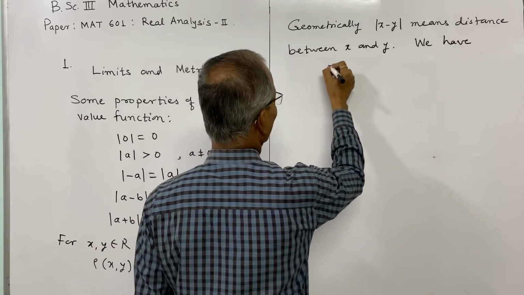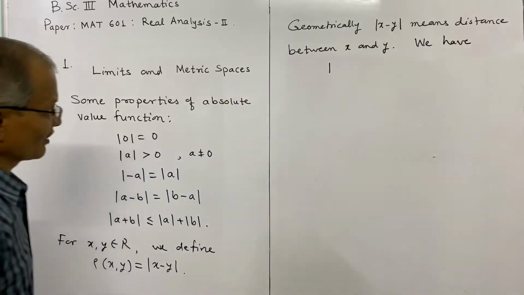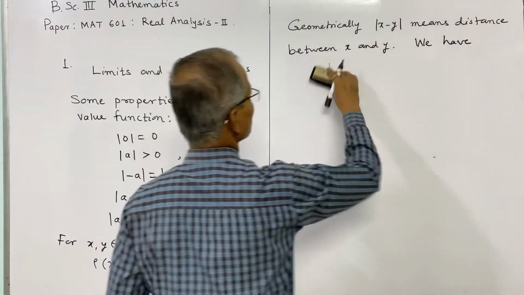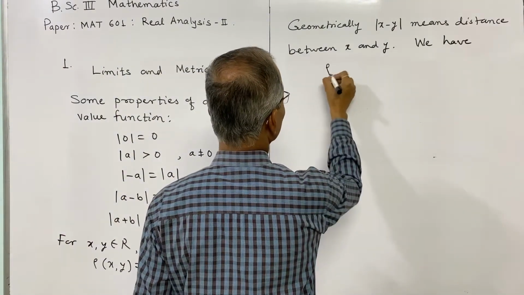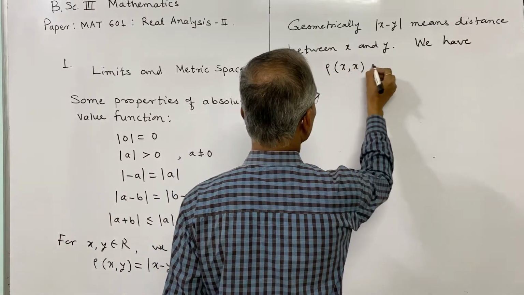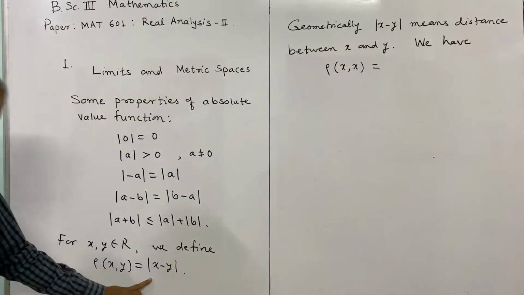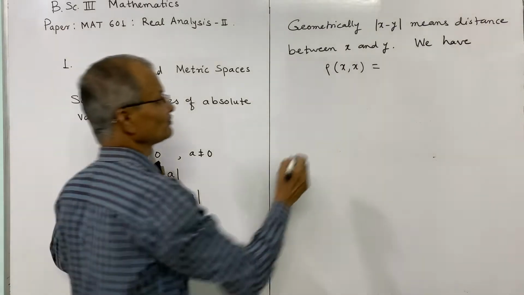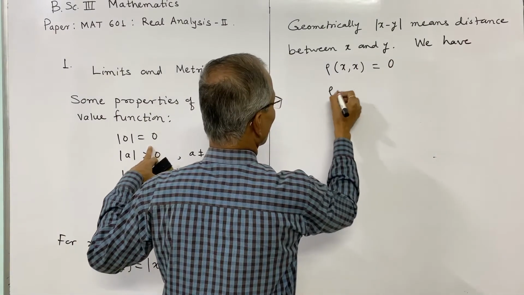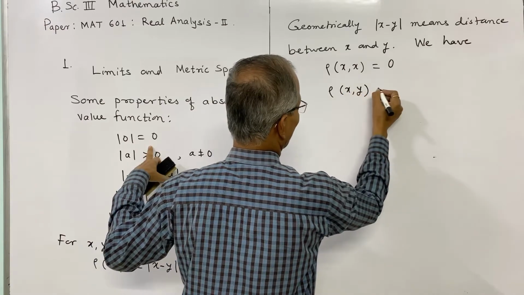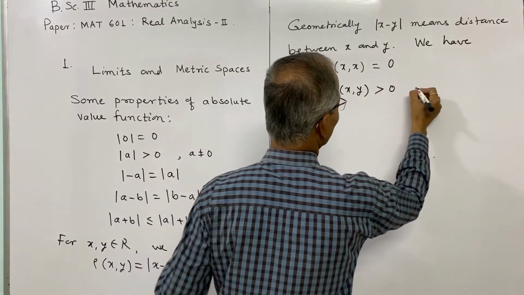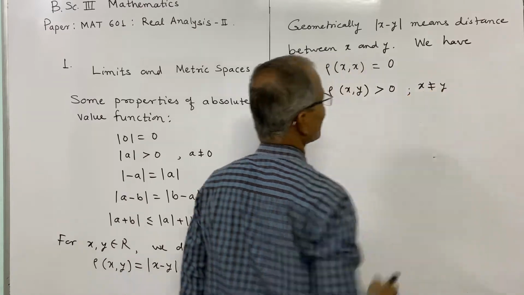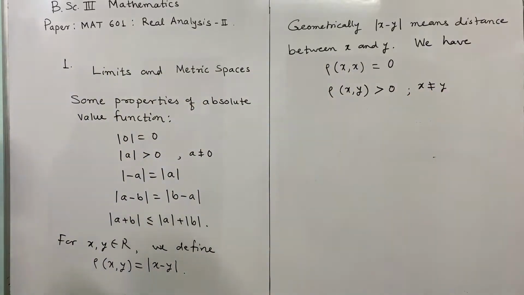First, rho of x and x will be the absolute value of x minus x, the absolute value of 0, and that is 0. Rho of x and y will be strictly greater than 0 when x is not equal to y, where x, y are real numbers.